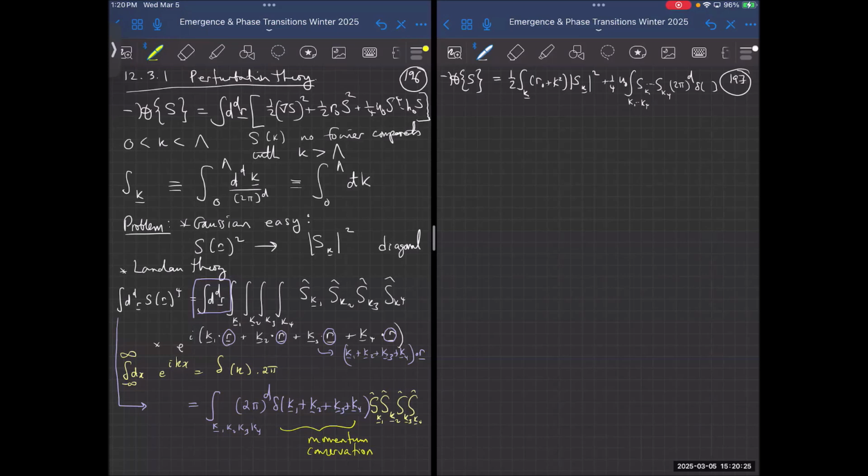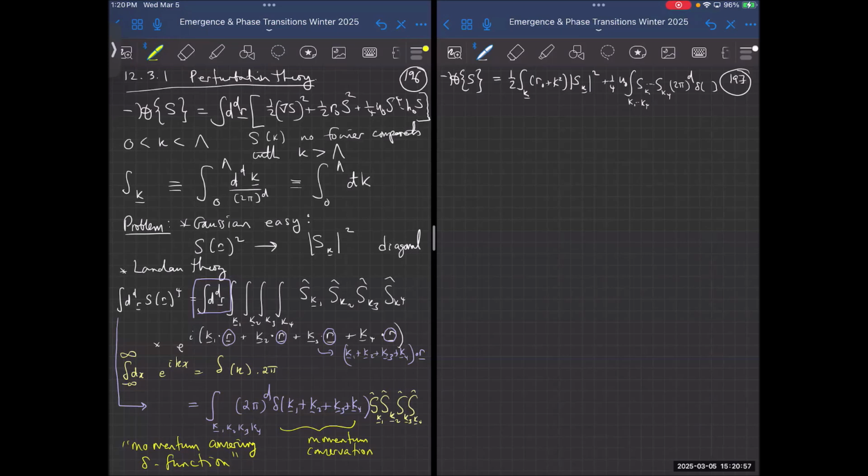They're all interacting in a certain way, and the sum of the wave vectors has to equal 0. When the sum of wave vectors equals 0, that means that momentum is conserved. And so this is called a momentum conserving delta function. And so you always get this in this sort of field theory.